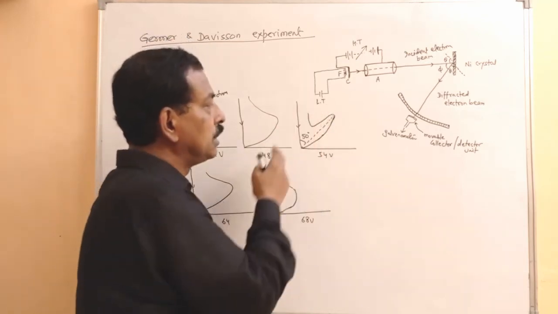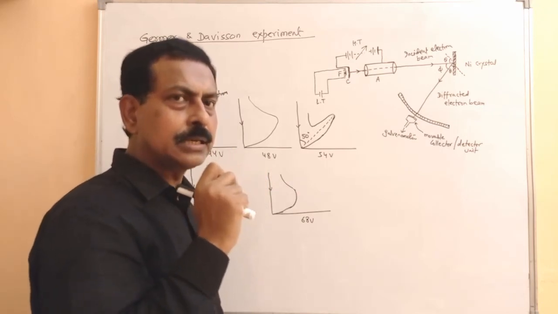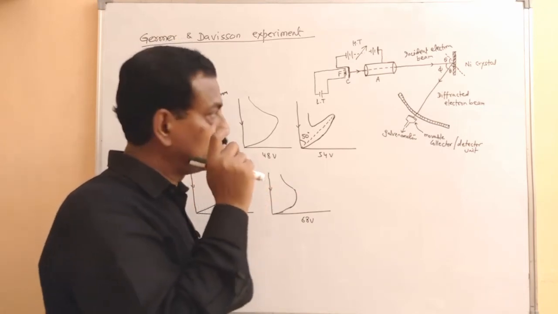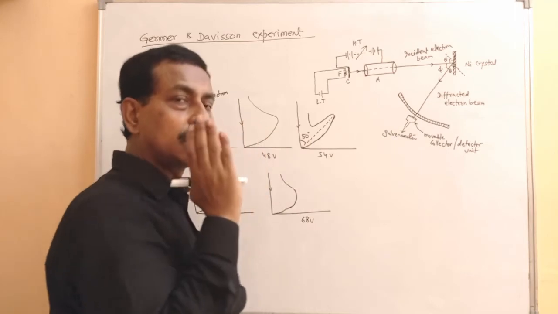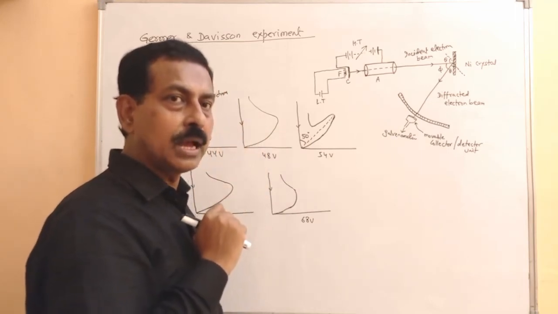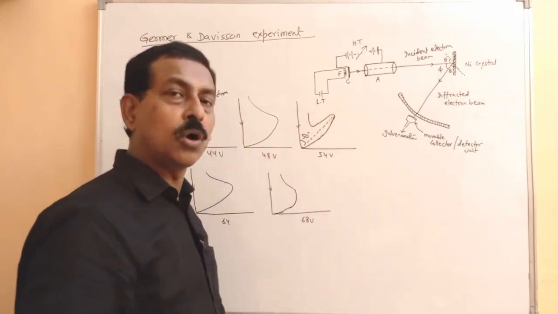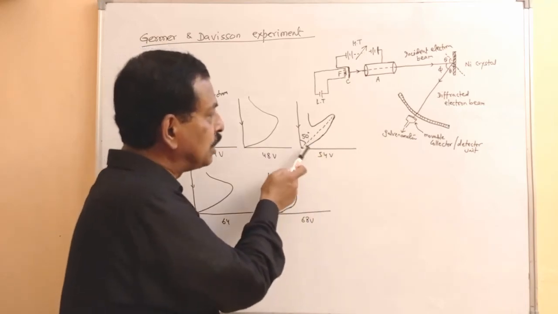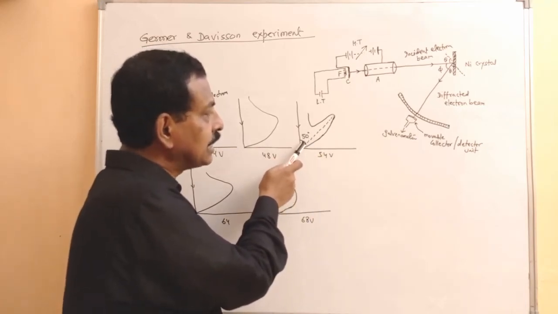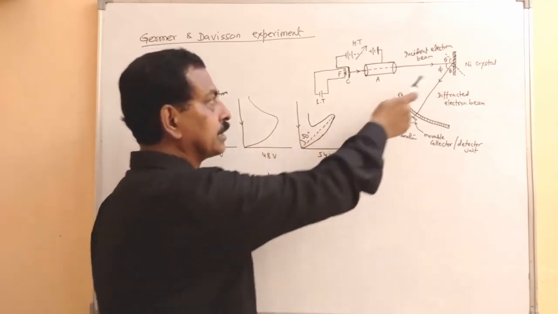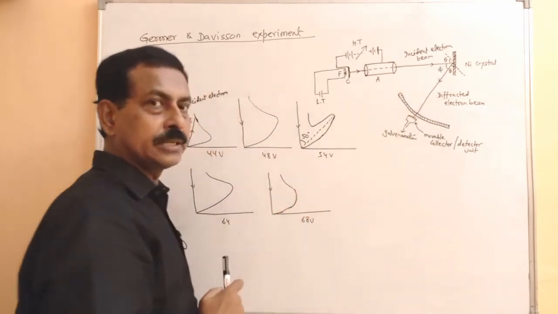This sharp peak indicates that there must be waves superimposing constructively, and there is the maxima which is being observed. And this happens when the scattering angle is 50 degree. This angle is your 50 degree.